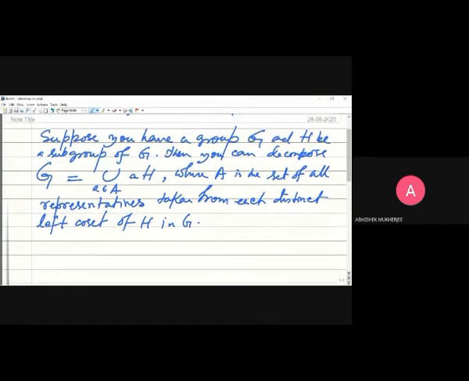What we have defined as the left coset decomposition of the group G with respect to a subgroup H.